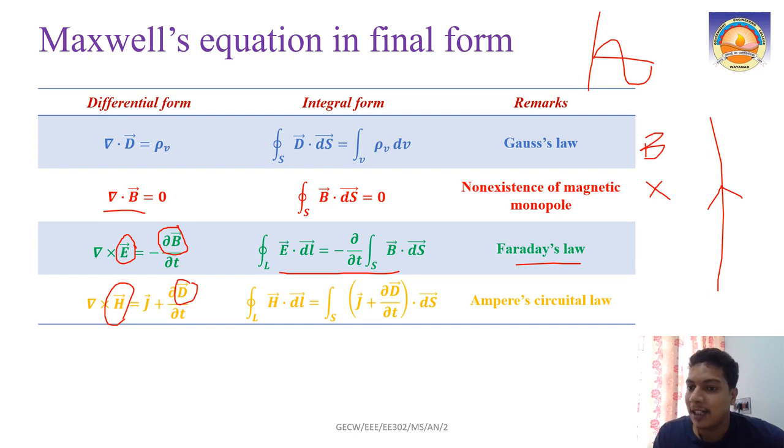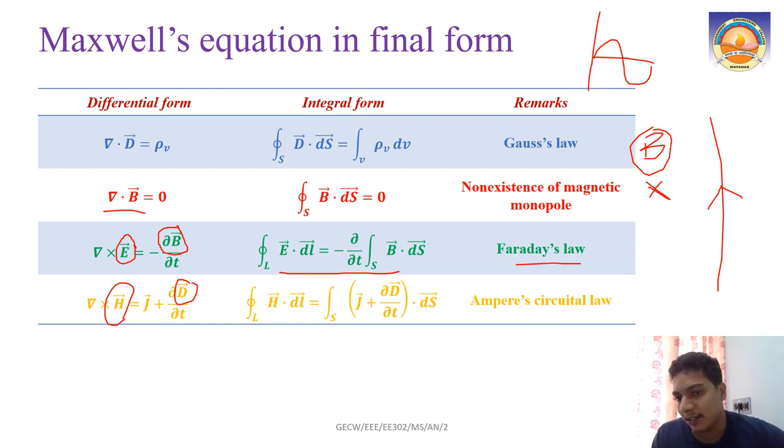So this alternating current that we apply is producing an electric field, and the magnetic field is varying similar to the electric field. So at this particular point, both the magnetic field and electric field are varying. Am I right?